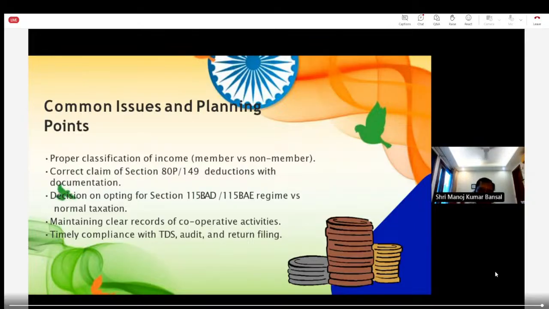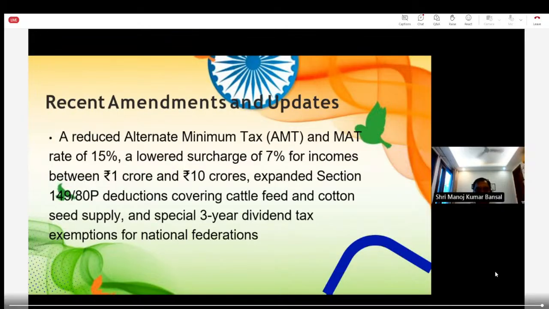But if they have good incomes, they can opt for this, as concessional rates are there under this section. Maintain clear records with transparency, and timely compliance with TDS, audit and return filing.